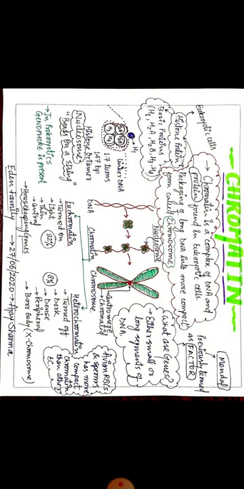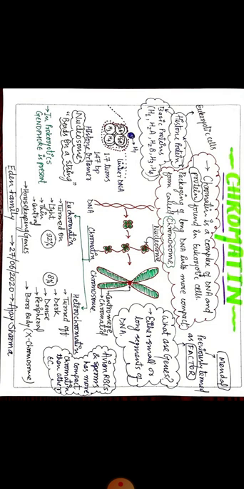Chromatin is a complex of DNA and protein found in eukaryotic cells, meaning they are absent in prokaryotic cells, for packaging of long DNA into a more compact form called chromosome. After that, these chromatins will get supercoiled and form the last structure of our journey, the chromosome.